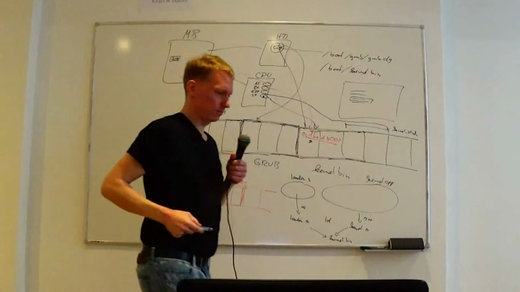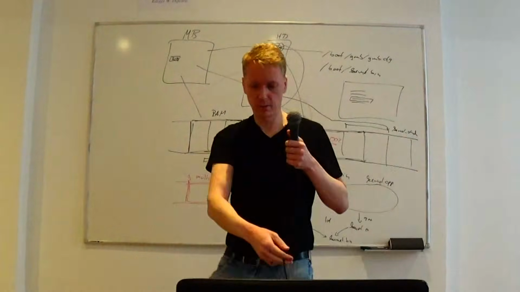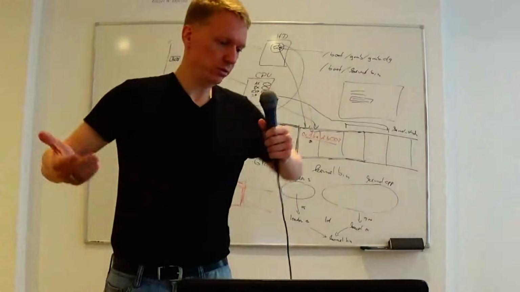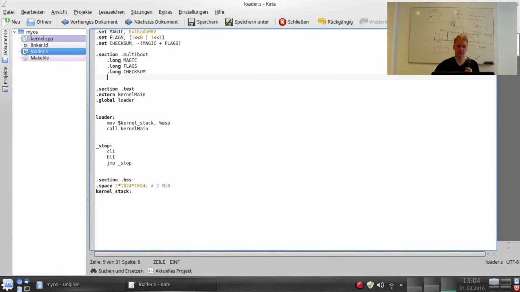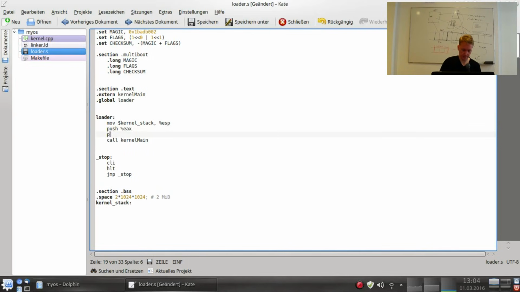So I think it's not a bad idea to just take this information. So just before we call the kernel main, we just push AX and push BX.